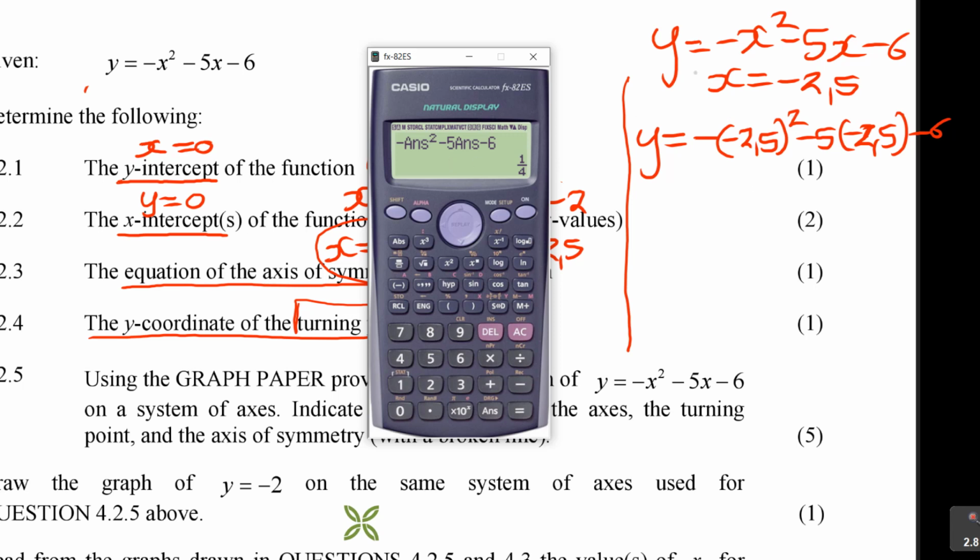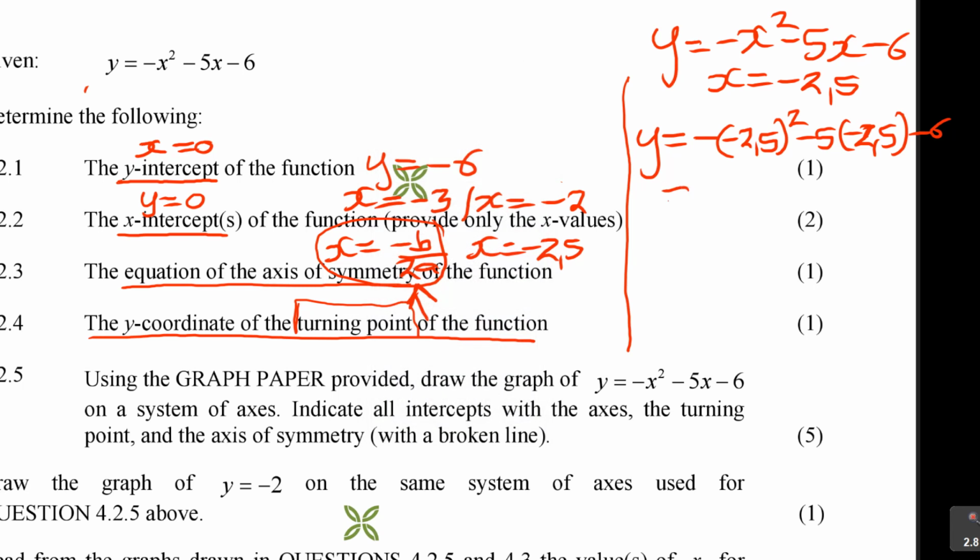You can just quickly say x negative 2,5 equal to, keep it as an answer, say minus answer squared minus 5 answer minus 6. It quickly gives you that. But now y is equal to 1 over 4, but this will be better if we use 0,25, I think. 1 over 4 I think is 0,25. So there it is, 0,25.